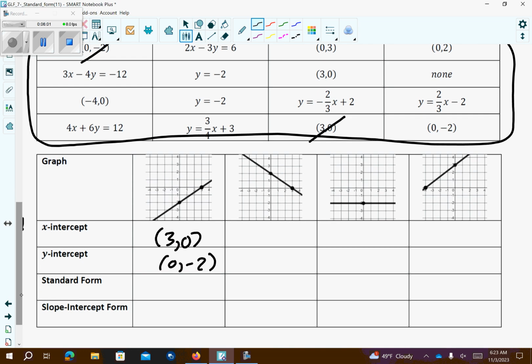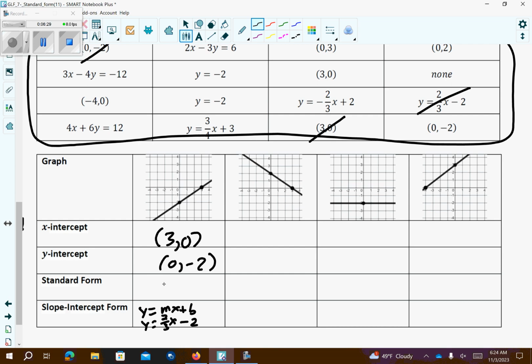Our standard form, our slope-intercept form, let's see. So our slope-intercept form might be easiest to do first, where y equals mx plus b. So my y-intercept is negative 2. And my slope, I'm going to go up 2, right 3. So 2 over 3x. So y equals 2/3 x minus 2, which is that one. If I wanted to convert this back, I'm going to multiply by 3.